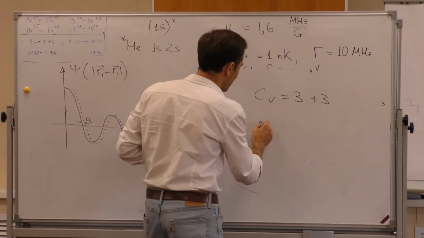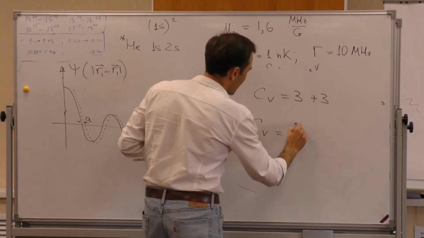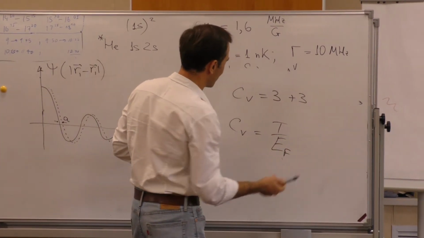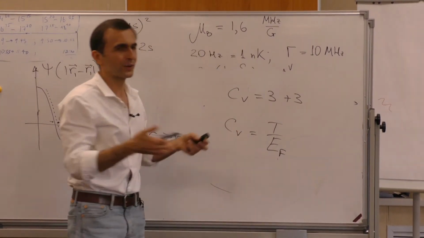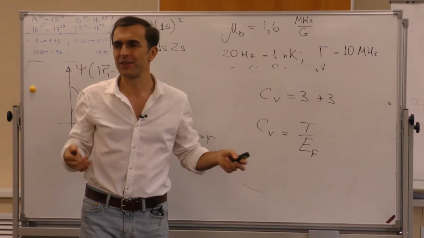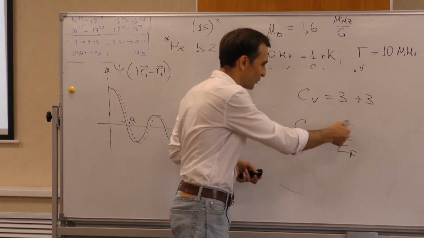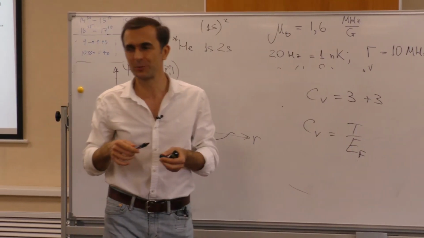It has heat capacity on the order of temperature over the Fermi energy, and the Fermi energy of electrons in solid state is 1,000 or 10,000 Kelvin, which gives room temperature a negligible value.